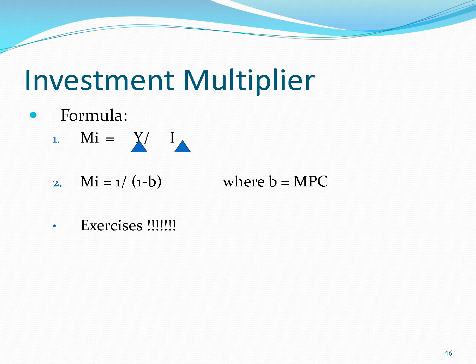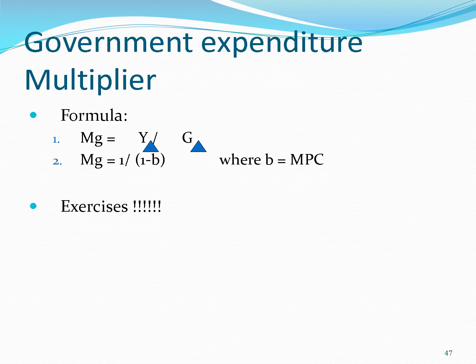The formula for investment multiplier is 1 divided by 1 minus B. I will show the calculation later; now I just explain. Then the government multiplier, the change in Y over the change in G, is 1 over 1 minus B also.